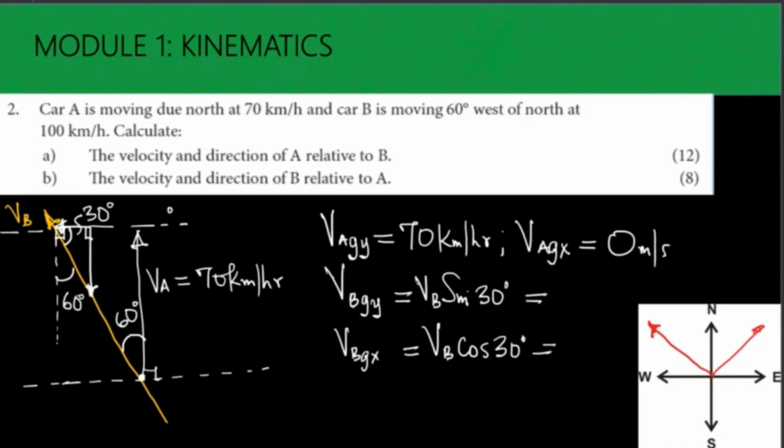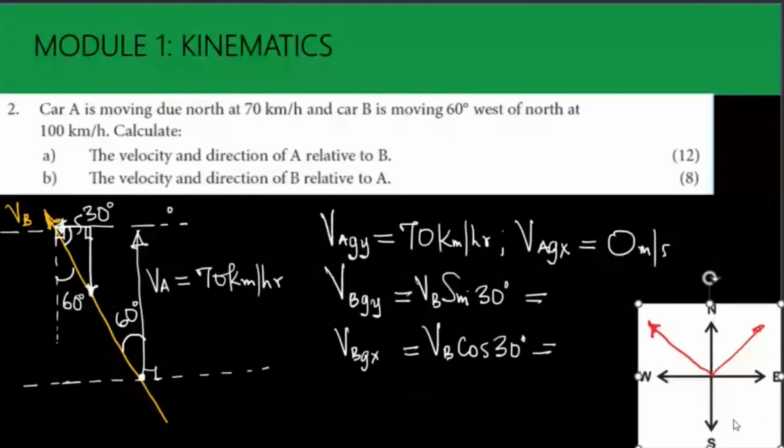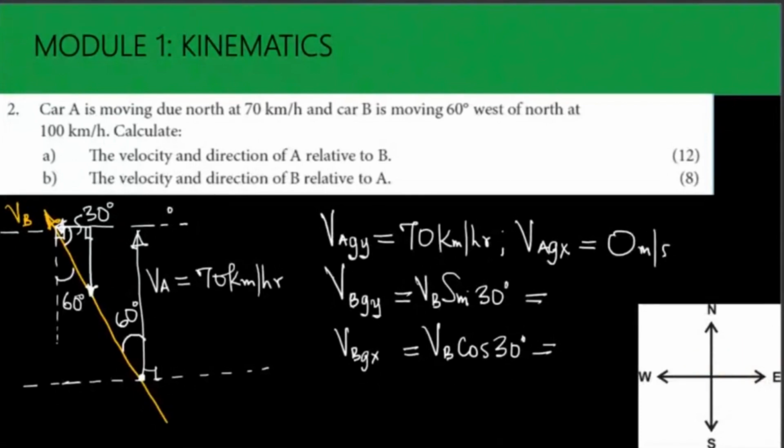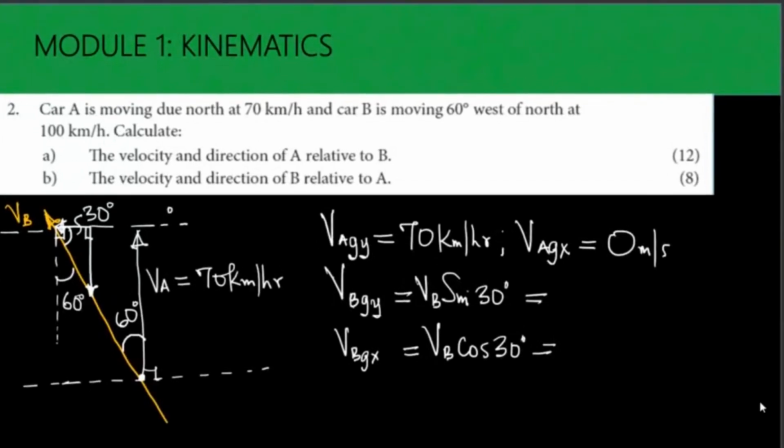Okay, now let me just remove this cardinal point here. So let's substitute. Now VB is 100, right? So this is 100 sine 30 and 100 cos 30 degrees.